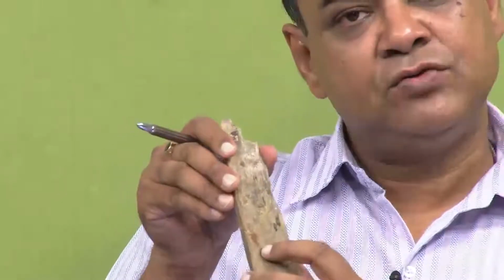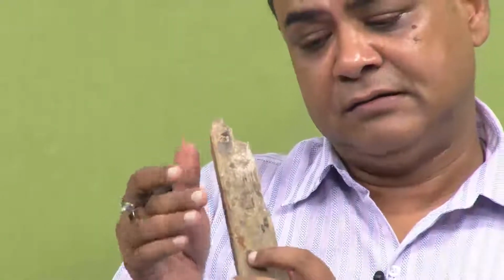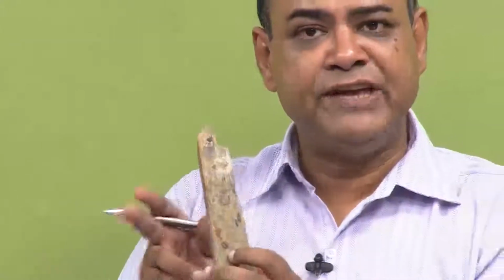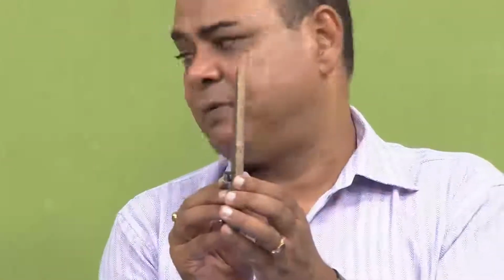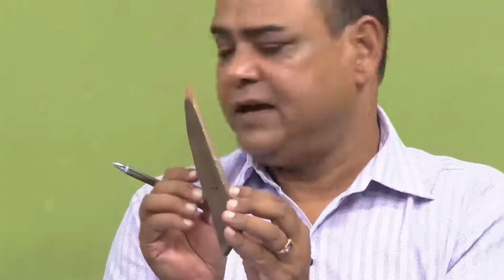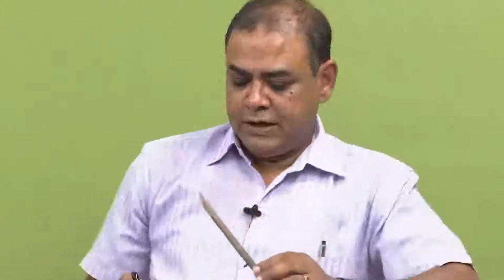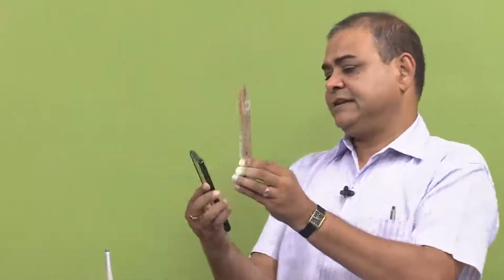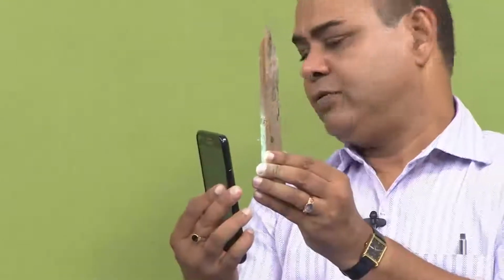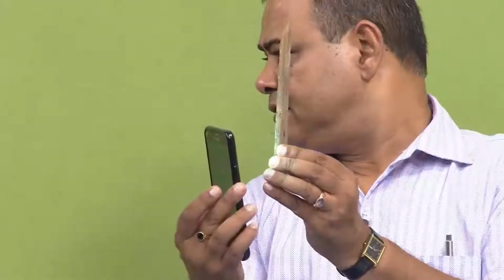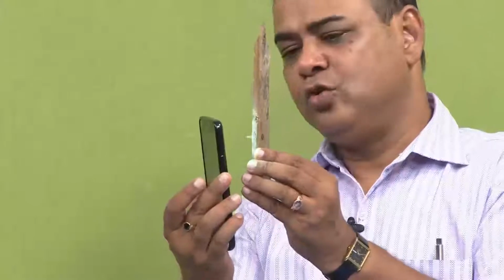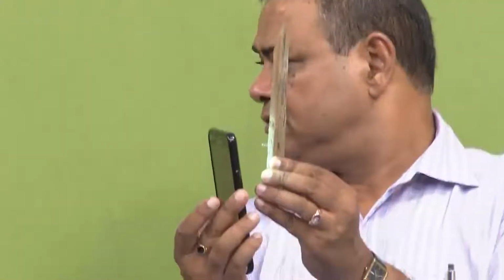But once you see the rest of the part which is going inside the wood, let me put a light on this so it will be clear. Can you please zoom it a little more?